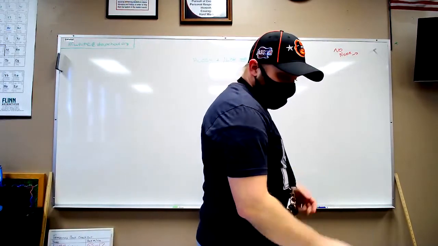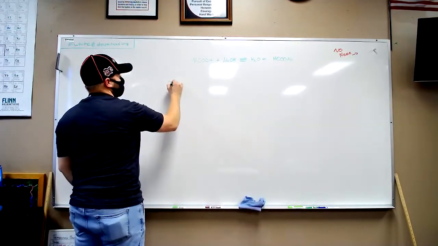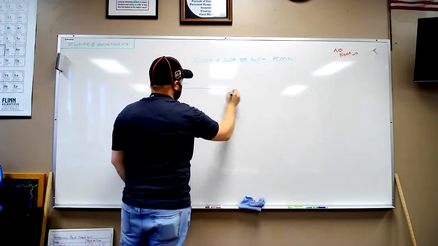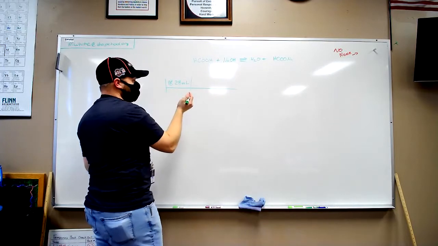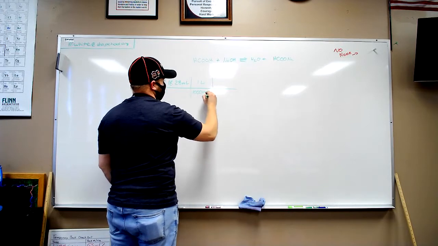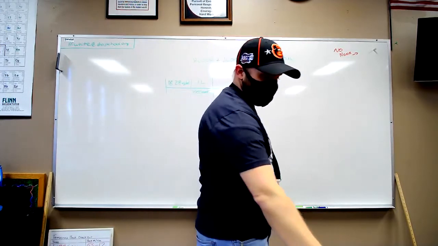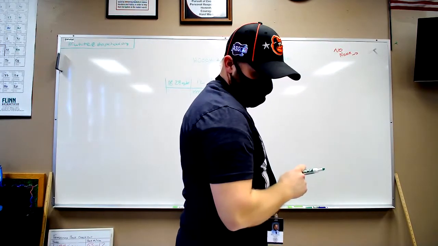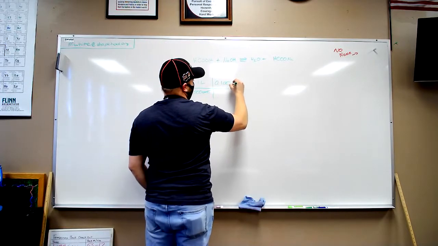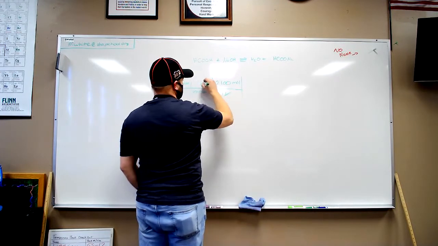Okay. So we have 18.28 milliliters. Now we do need to convert that to liters. We can do that right away. Because it tells us that we have 0.100 molar sodium hydroxide, which means we have this. So liters cancel out.